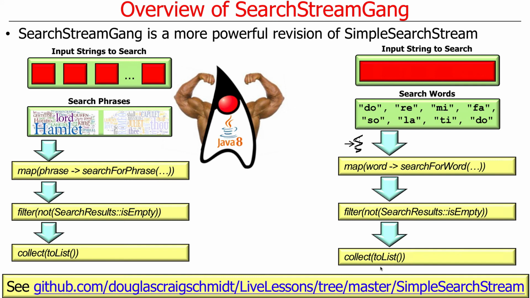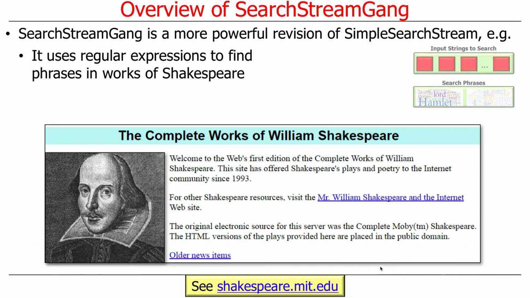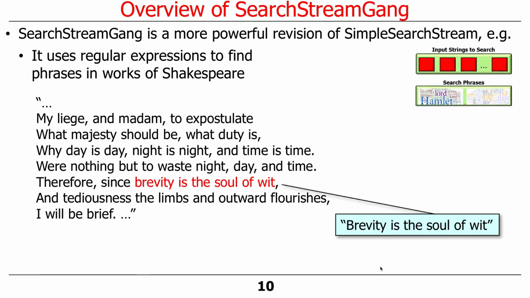SearchStreamGang is also a more powerful revision of the simple SearchStream that we looked at before. What this does is use regular expressions to find phrases in the works of William Shakespeare. If you recall, SimpleStreamGang looked for an individual word in one input file, whereas this is going to find phrases, which could be entire quotes or lines, in the complete works of William Shakespeare.